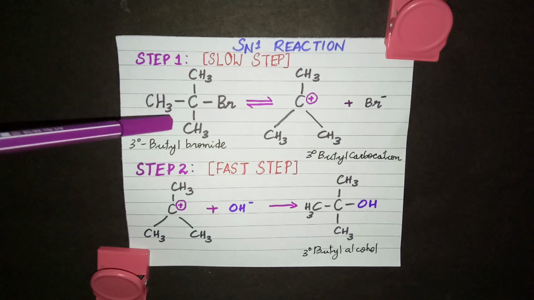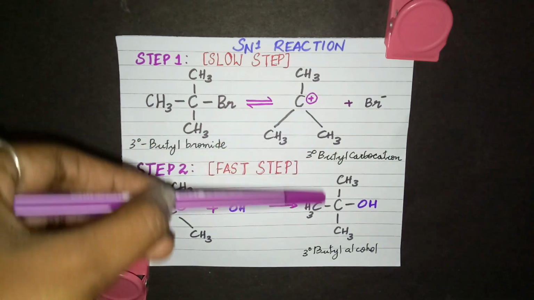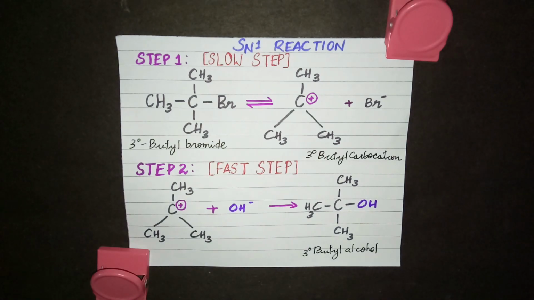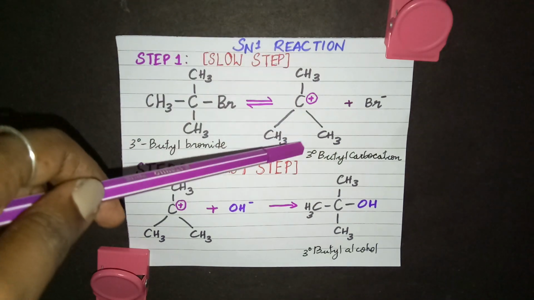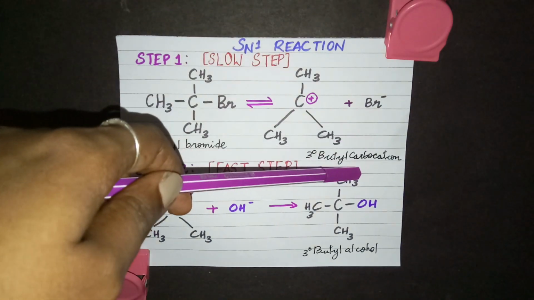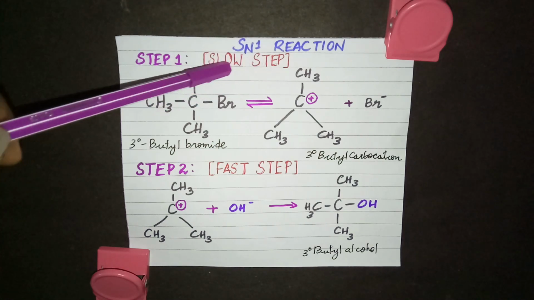For example, if I am taking tertiary butyl bromide, I am getting tertiary butyl carbocation, so I get tertiary butyl alcohol. Imagine if I am taking a secondary haloalkane, we call that isopropyl bromide. So if you take that, that will lead to the formation of secondary carbocation. Okay, so secondary carbocation is less stable than tertiary. So which will undergo reaction faster by SN1 mechanism?